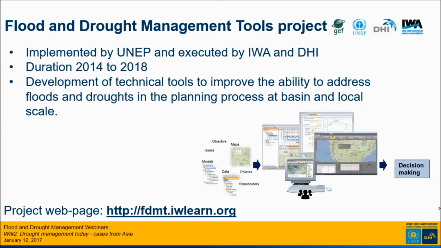And what's being developed by this project is based on specific input from stakeholders in the Volta Basin in West Africa, in Chao Phraya River in Thailand, and from Lake Victoria in East Africa, as well as other experts.